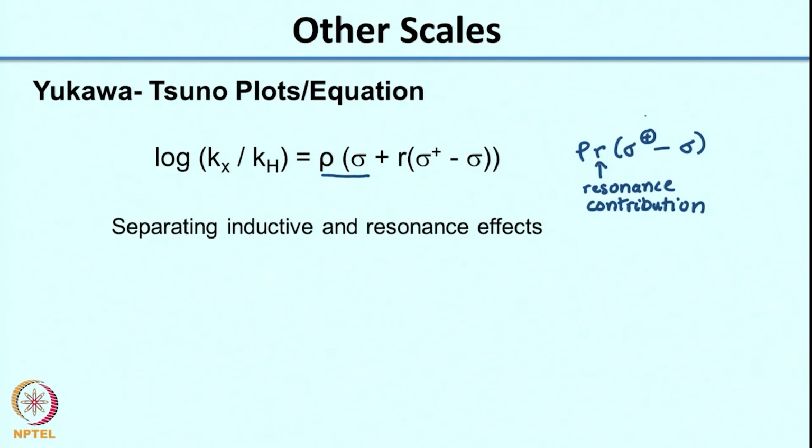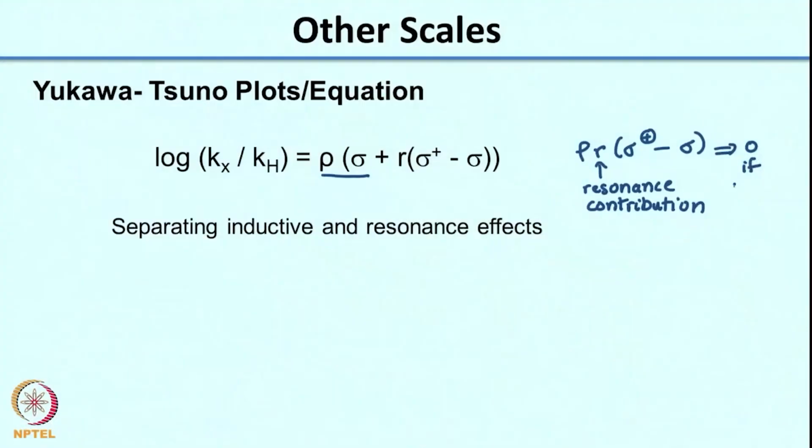So for a reaction where you do not have much contribution of resonance, similar to the benzoic acid case, this term would reduce to 0 if there is minimal resonance contribution. Then essentially the Yukawa-Tsuno equation will boil down to the Hammett equation.